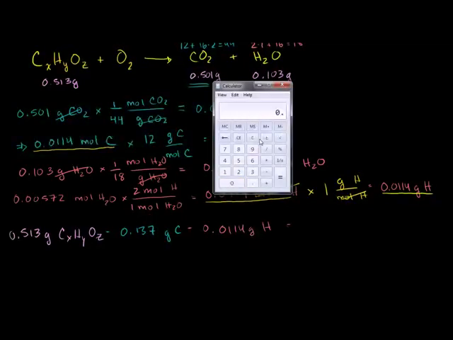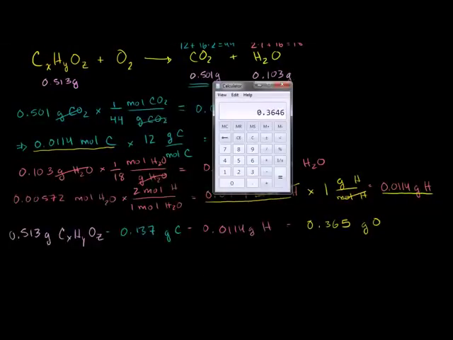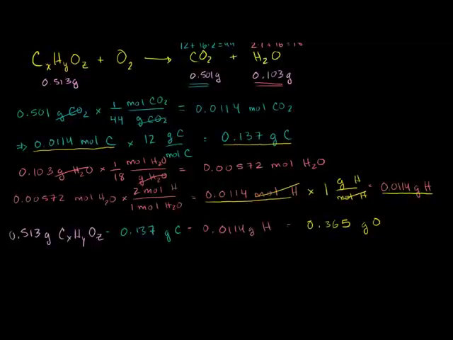So we have 0.513 minus 0.137 minus 0.0114 is equal to 0.36, I'll just round it, 0.365. So this is equal to 0.365 grams of oxygen. Let me make sure that I got that right. 0.365 grams of oxygen. So let's figure out how many moles this is.